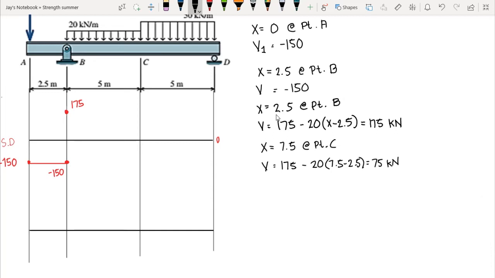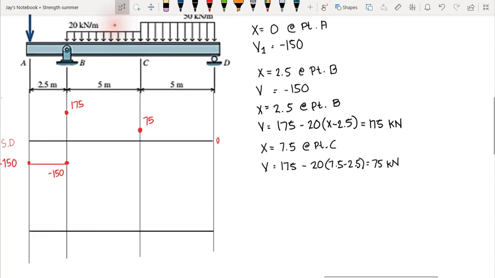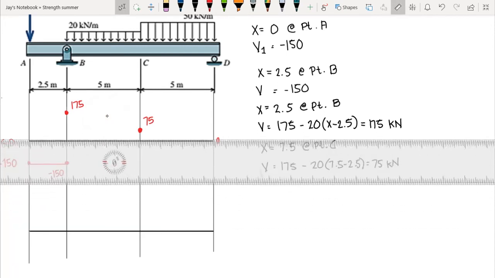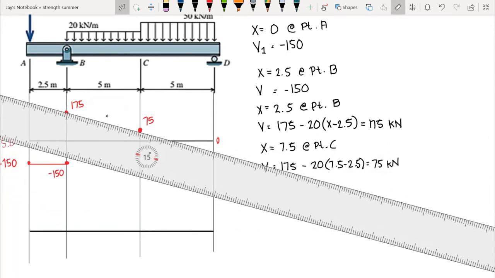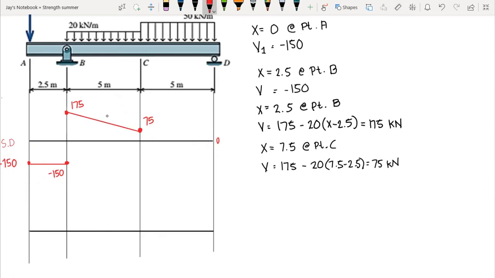So we go below the 175 and plot here, this is 75. Since our load diagram is of 0 degree, our shear diagram here should be of first degree order. So we connect these two, and that is now our shear diagram for BC.